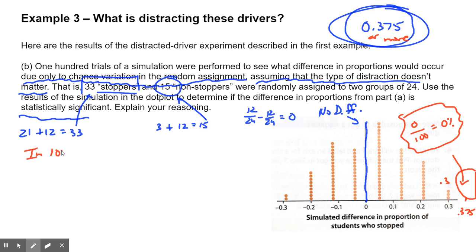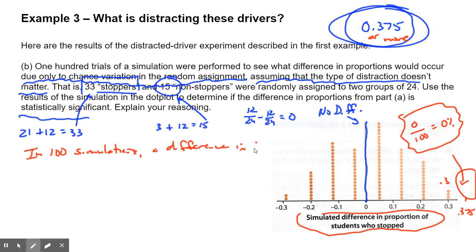In 100 simulations, a difference, so now I'm just reading off of here, a difference in the proportion of students who stopped of, and now our observed value of 0.375 or more.